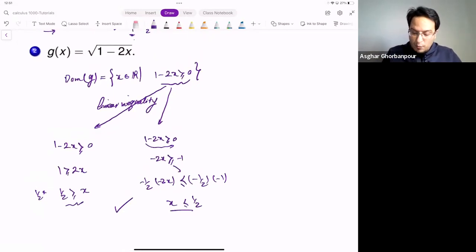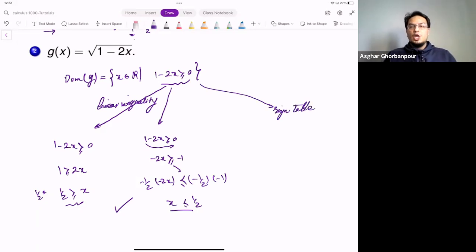In general, the way you need to work is what's called a sign table. A sign table is that when you have an expression, you have to find wherever each part of this makes it 0. In this case, this is just solving this very simple equality.